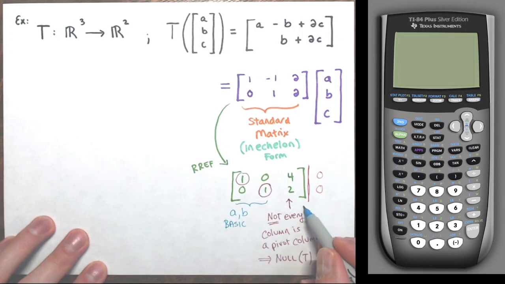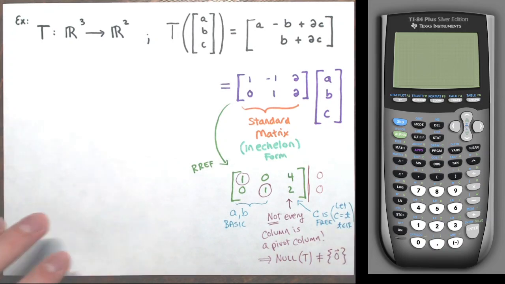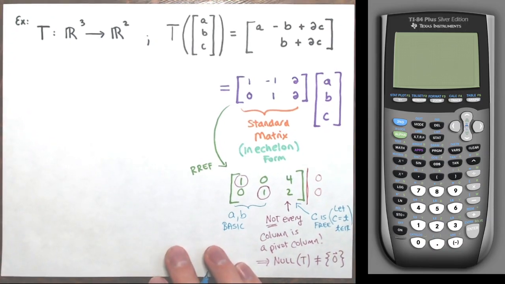And the third column is a non-pivot column, so variable C is free. You can leave the free variables the way they look, but I personally like to replace them. So I'm going to let C be replaced by T, where T is some real number. I like to replace them with some other parameter that can take on any real number value.